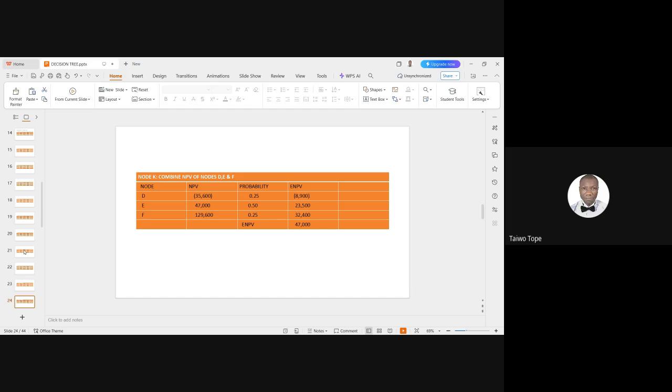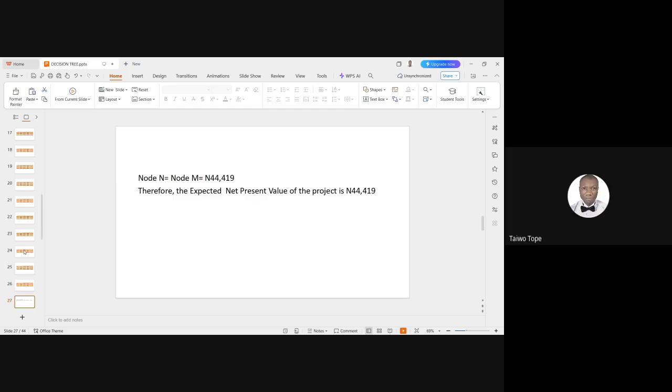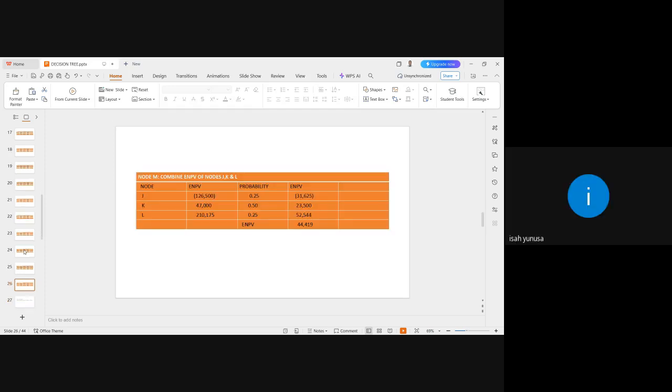What would be your advice? Since I'm investing 300,000, and based on NPV, I'm getting a positive result. What should be the advice? The expected net present value of the project is what? 44,419.